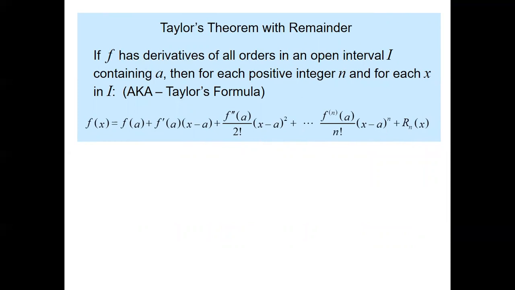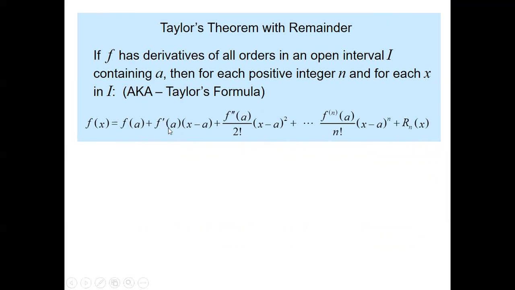So here's Taylor's theorem for the remainder. He says, if a function has derivatives of all orders on an open interval, so all orders meaning all the derivatives, then for each positive integer n and for each value of x on that interval, I can take my first couple terms. Here's my first term on my Taylor polynomial.